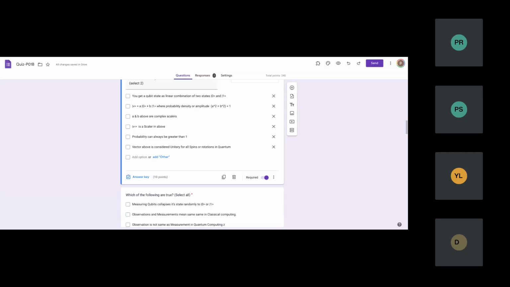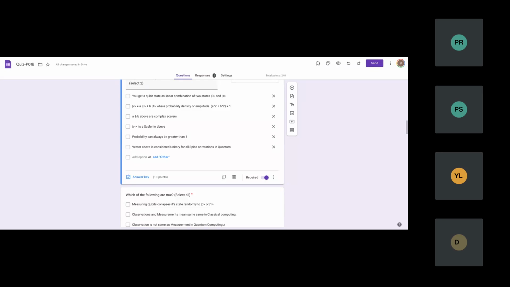When you are looking from a higher level point of view, from the C4 point of view, if I call them alpha 0, alpha 1, alpha 2, alpha 3 as the coefficients, then alpha 0 square ket 0 plus alpha 1 square ket 1 plus alpha 2 square ket 2 plus alpha 3 square ket 3 is equal to 1.